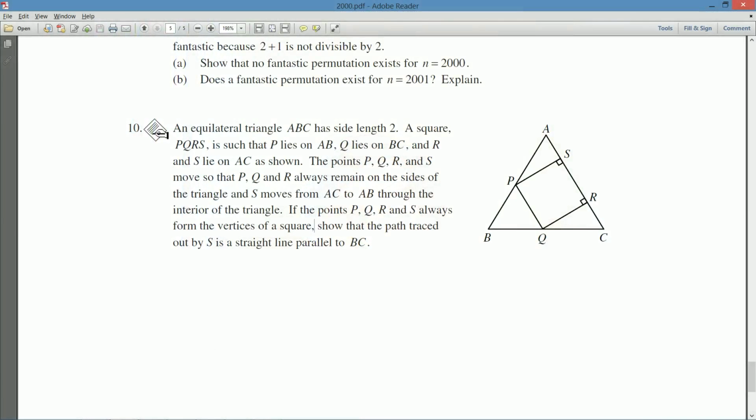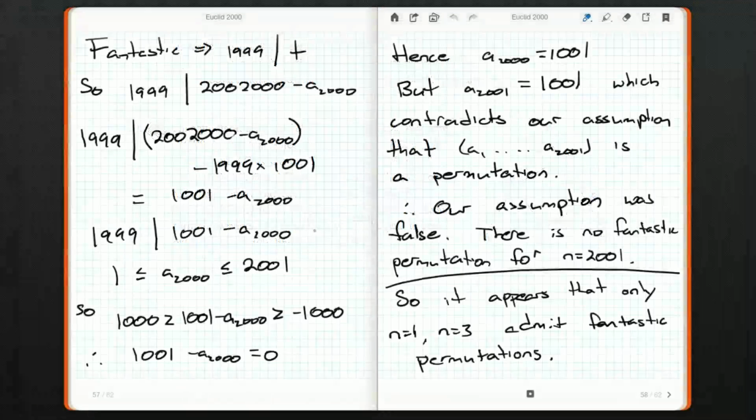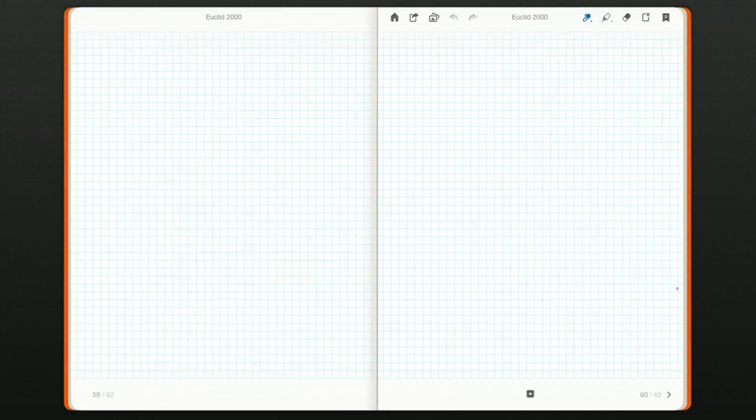So, let's start by drawing ourselves a little bit of a picture. Get another piece of paper, and start by changing pen color to the black that we're accustomed to.